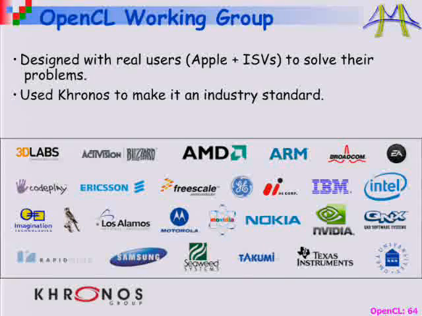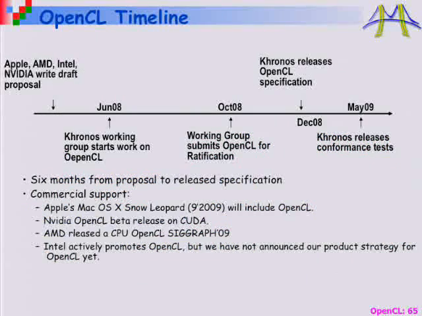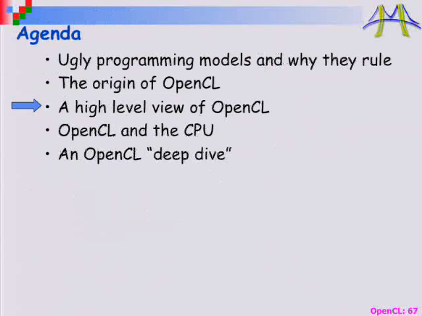Apple is really the driver behind all this, and all these other hardware and software vendors are involved in the process. So there is an OpenCL specification out. There are OpenCL compilers and runtimes out. You can use it, but it's so 6 months from proposal to release specification. That was a long time ago. I think that I haven't updated this slide for this year.